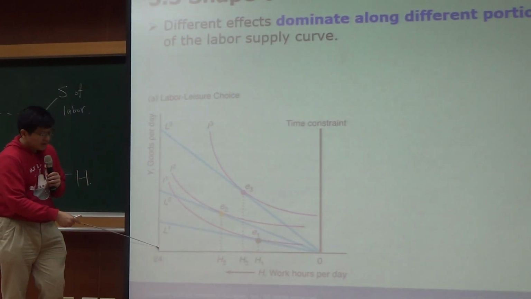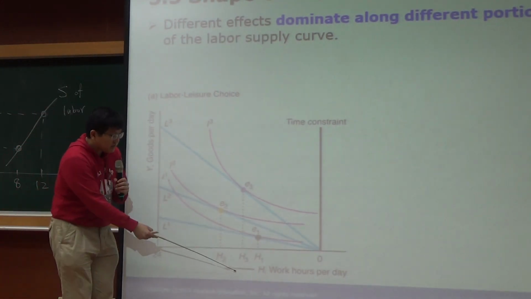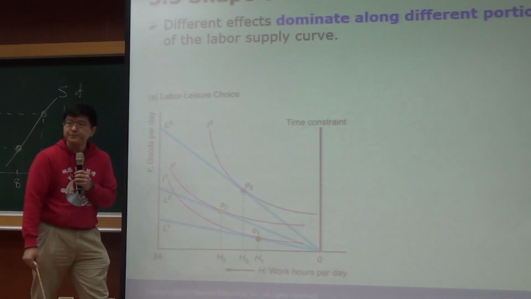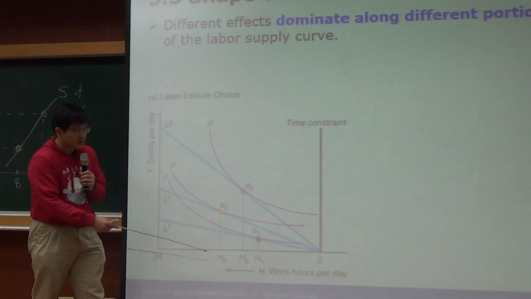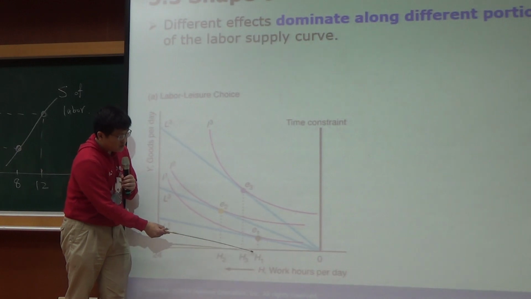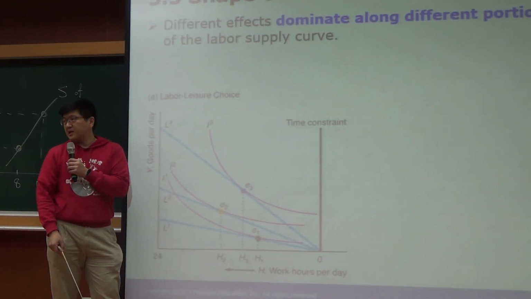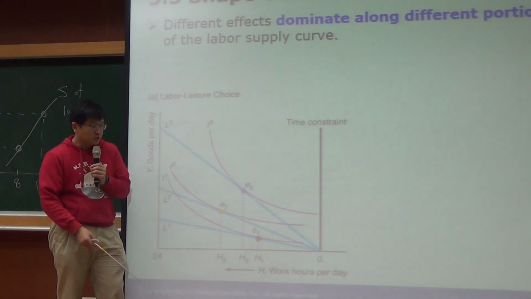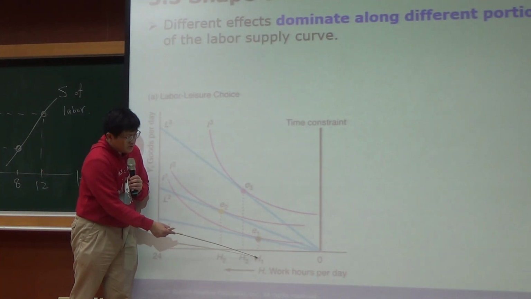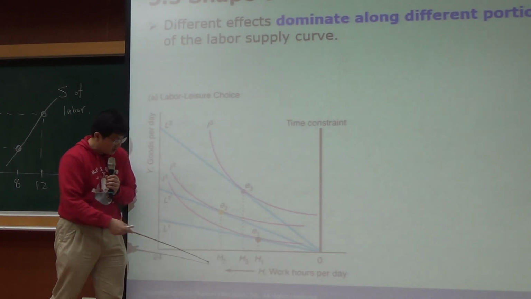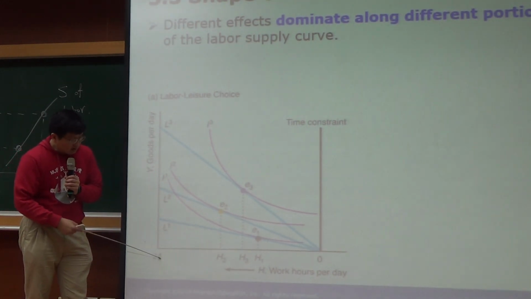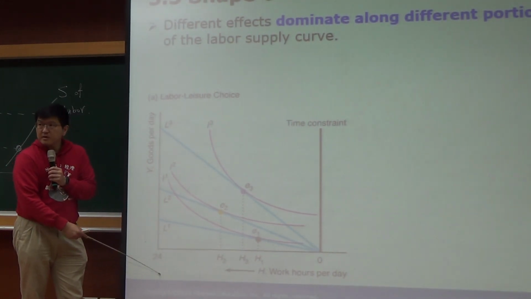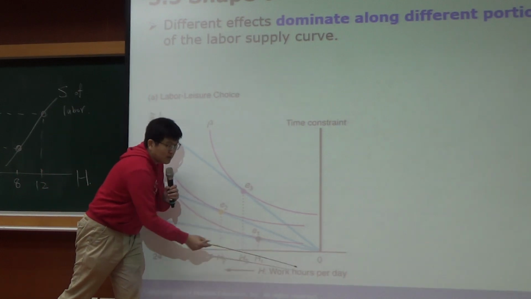So the horizontal would be working hours. So this would be 24, this would be 0, then H1, H2, H3 is fine. But with the adjustment I asked you to do, change this into N1, N2, and N3. So I regard this as the origin, make it 0 and make it 24.